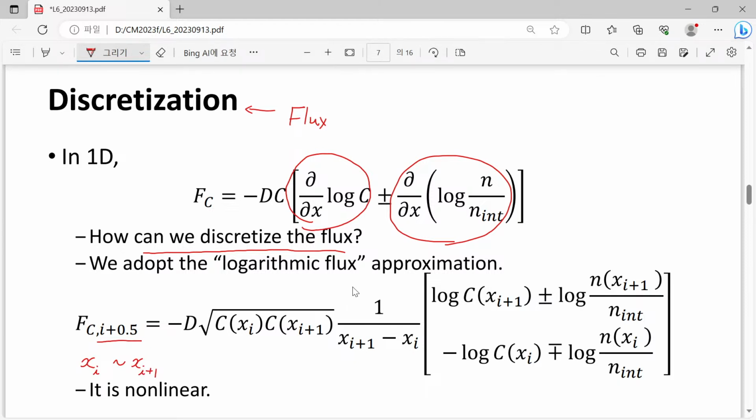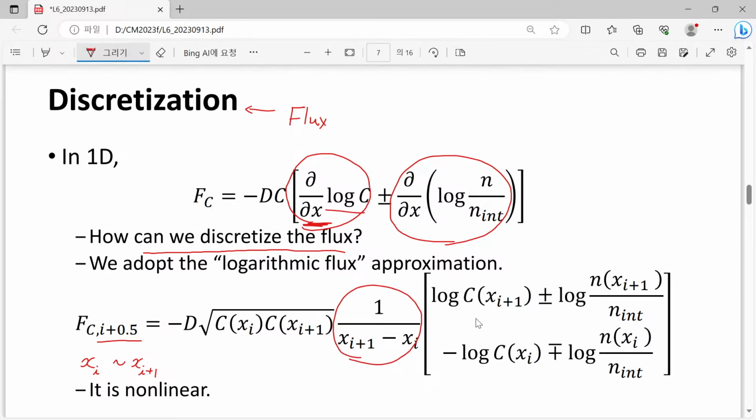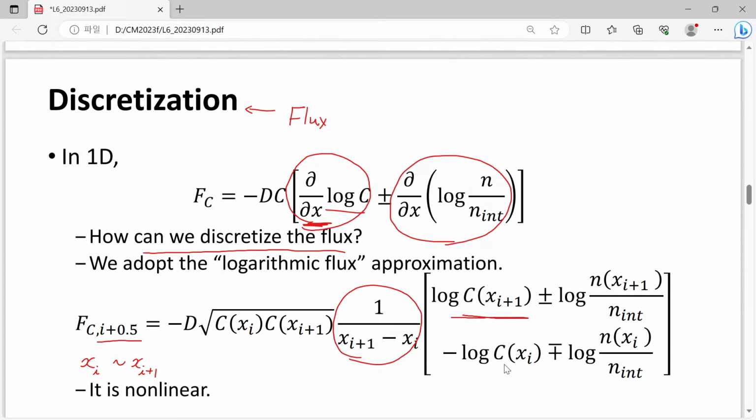Then this gradient term can be written as 1 over delta x times the difference of log c evaluated at xi plus 1 minus log c at xi. This is the first term, the diffusion term. And the second term comes in here. Also, electron density is evaluated at xi plus 1 and electron density is evaluated at xi. Do you have any question?